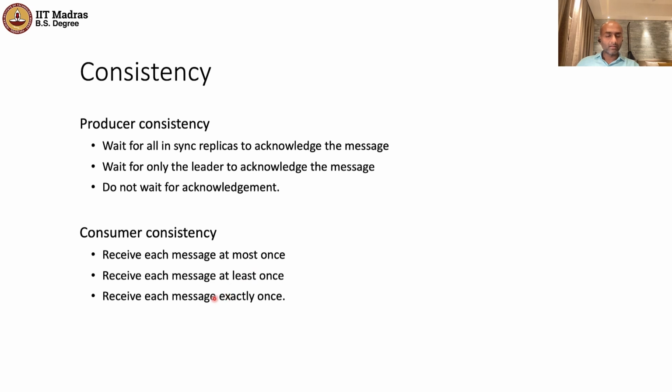The third is the scenario where you're receiving every message exactly once. And fundamentally, when we as humans, as developers, design systems, we always try to design for this, right? We try to design for a deterministic world where everything happens exactly as planned, and everything just goes smooth.